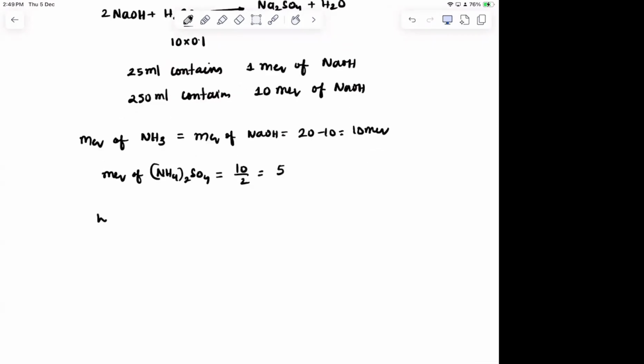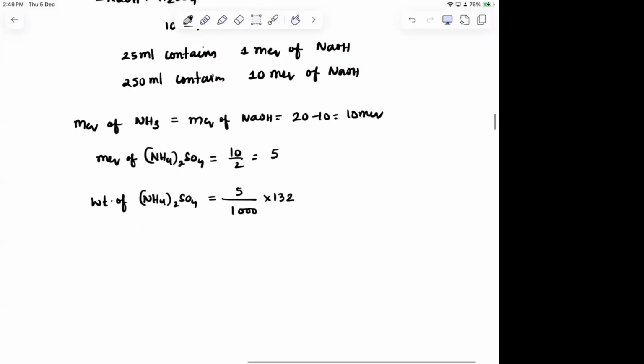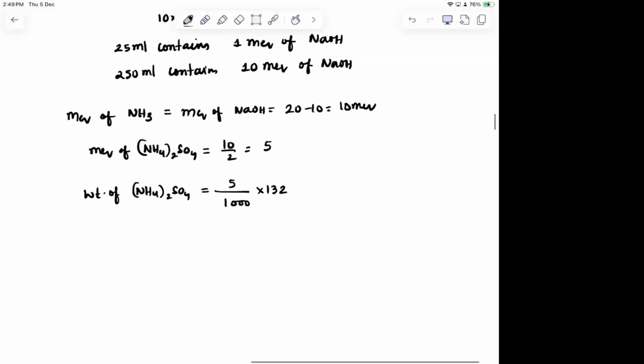Correct. So what will be the weight of ammonium sulfate here, beta? So ammonium sulfate will be equal to 5 divided by 1000 into 132, which is the molar mass. So 5 divided by 1000 is for millimoles.